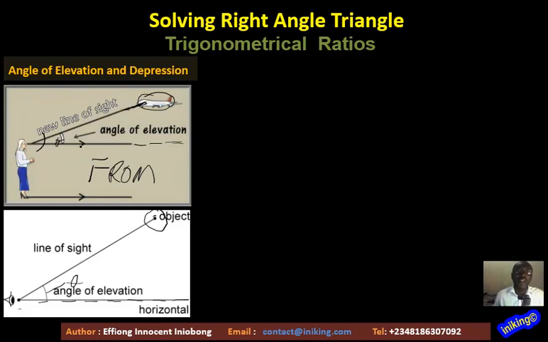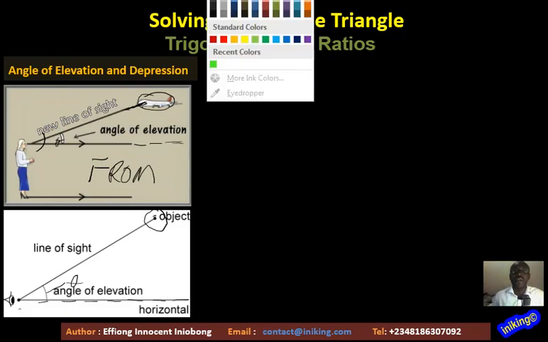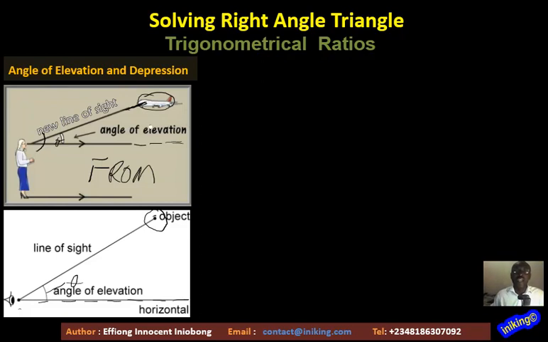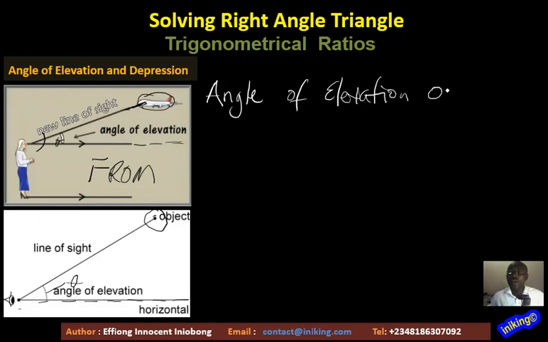If I am to give a description of this angle of elevation, I will describe it this way. Let me change the color of my marker. I will say that the angle of elevation of the airplane, because that's the object we want to sight.